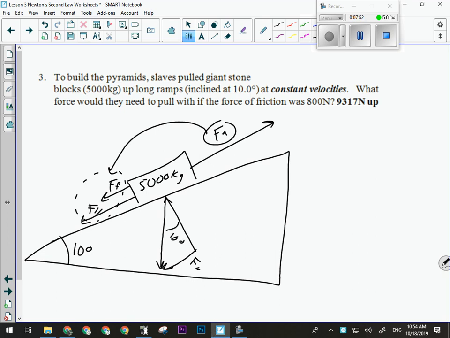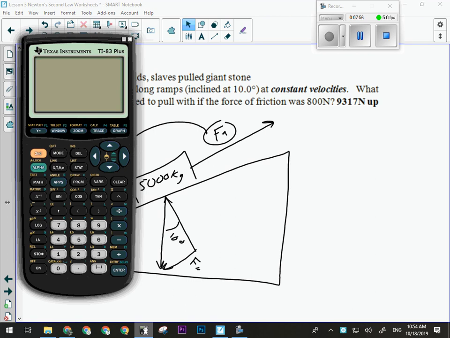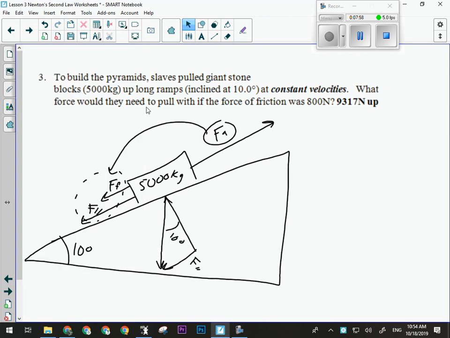All right, so I got 5,000 kilograms worth of mass there. So gravity is 49,050 newtons. Now I can calculate F parallel the same way I always do.